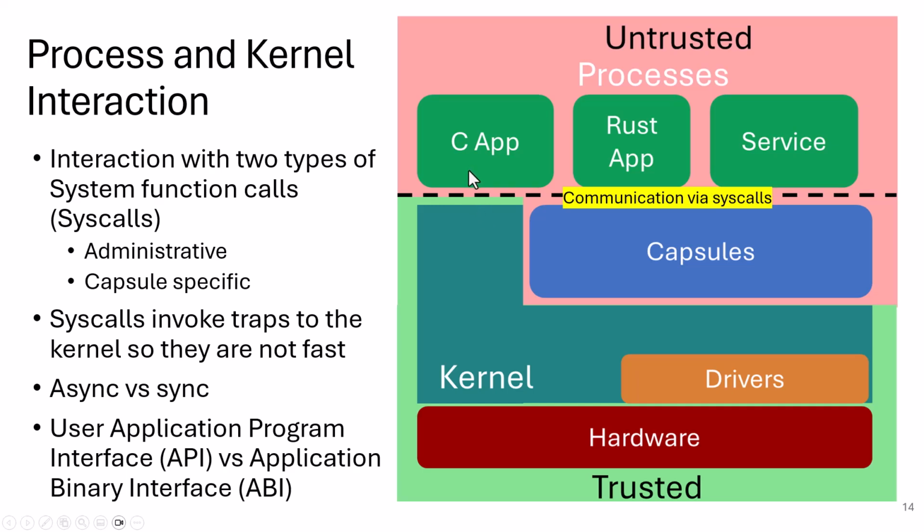This also brings up the way that the communication goes back and forth, so how the kernel notifies the process that something's done or it's ready for something, and that will bring up the programming paradigm of asynchronous versus synchronous.